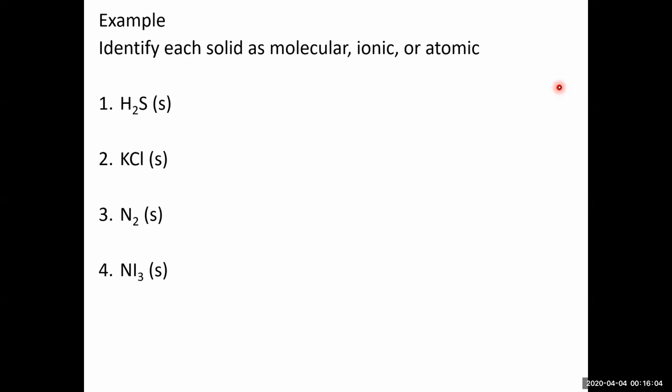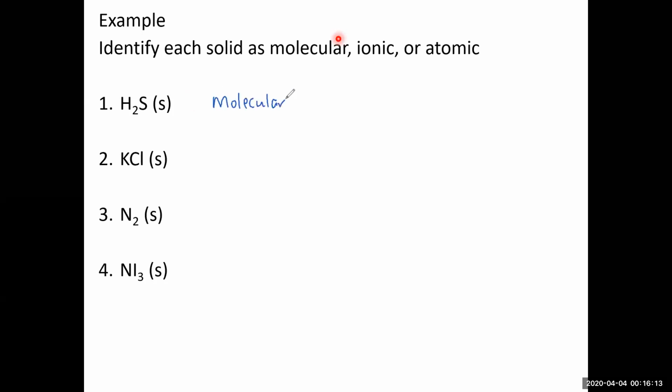So this is a molecule, or molecular. For number two, we notice that potassium is a metal and chlorine is a nonmetal. So potassium chloride is an ionic compound. So this is an ionic solid.